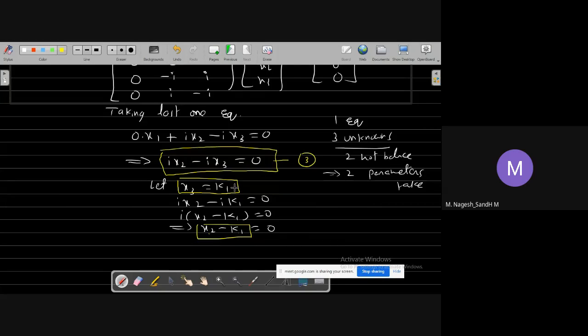So x2 minus k1 equal to 0, which implies x2 is equal to k1. This is the answer. What is the x1 value? Say 0, sir.